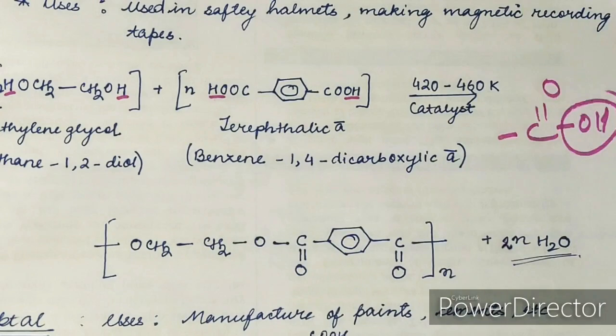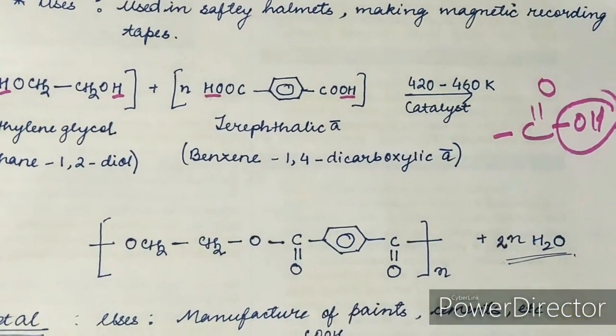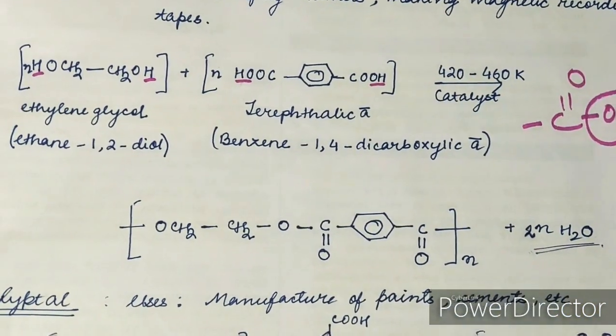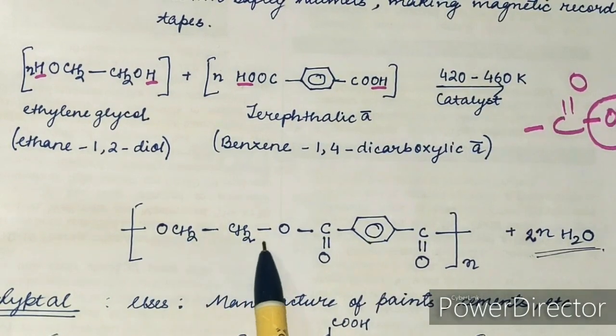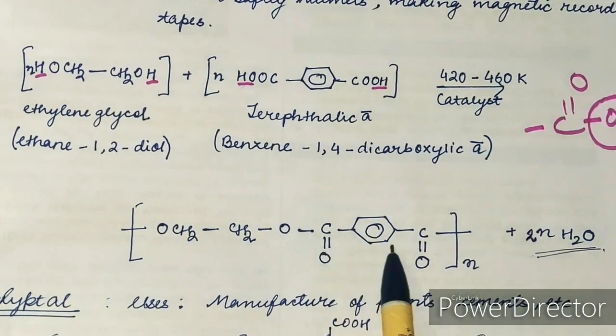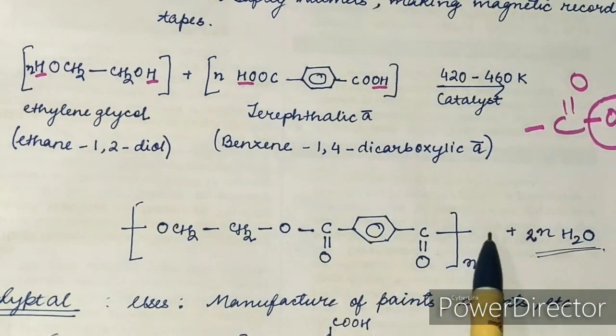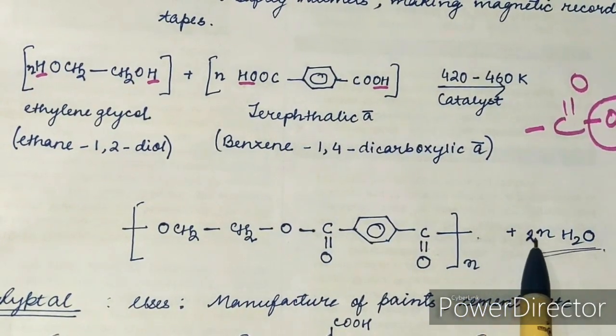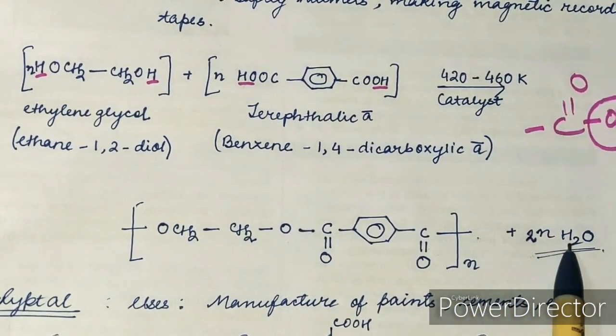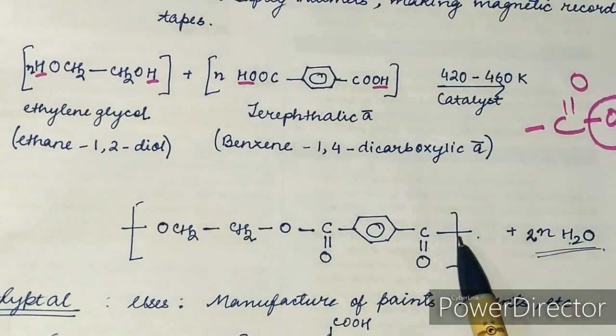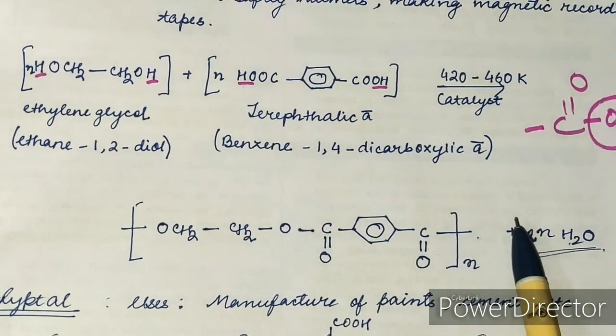If you have n in the book, please correct this part. Here you have got a part of ethylene glycol, and this is the part for terephthalic acid. Again here ethylene glycol will be added, and here terephthalic acid will be added, moving in the series like AB, AB, AB.